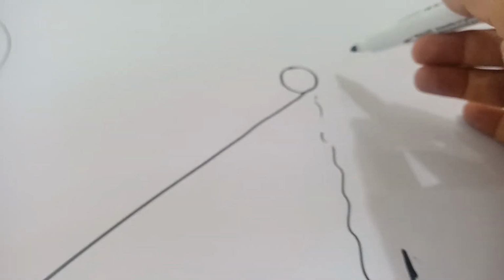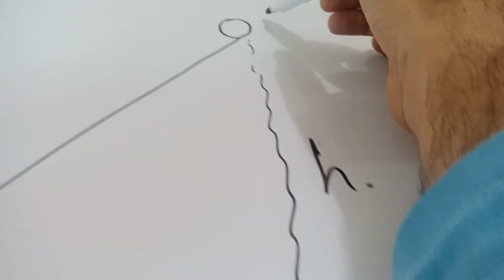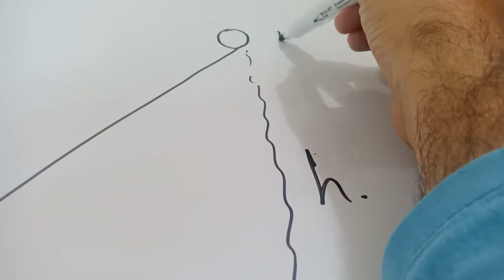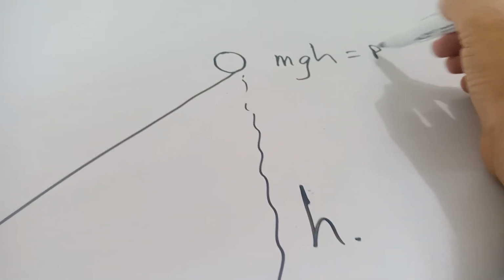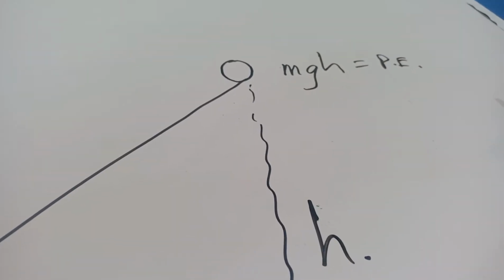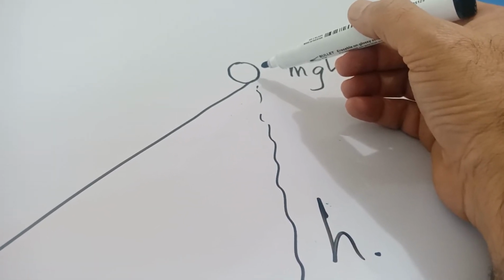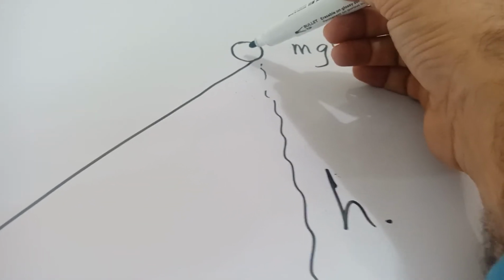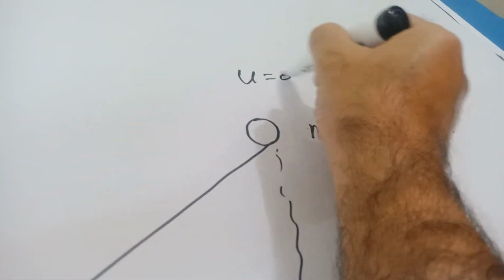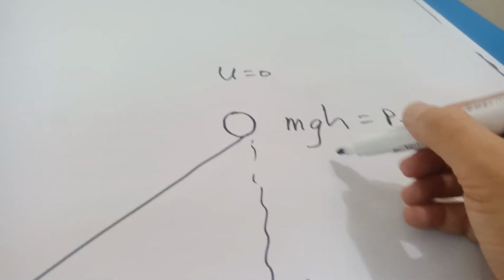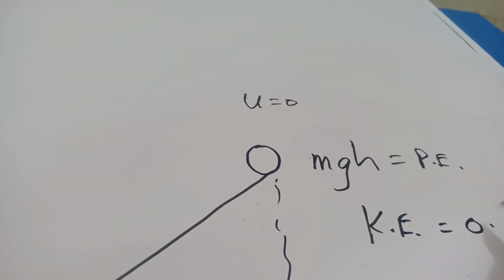So at this point, with the mass m and the height h, its potential energy is going to be mgh. Okay, that is the potential energy. And since we're going to drop this, we're not giving it an initial push here, so its initial velocity will be 0. So at this moment, its kinetic energy is going to be 0.